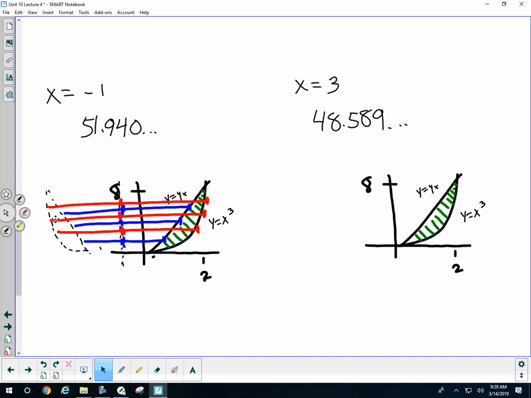What is skinny about these? Up and down or left and right? Up and down is skinny. Left and right is long. Since up and down is skinny, dy should be used and y's should be used. So x equals y equation is what we need.